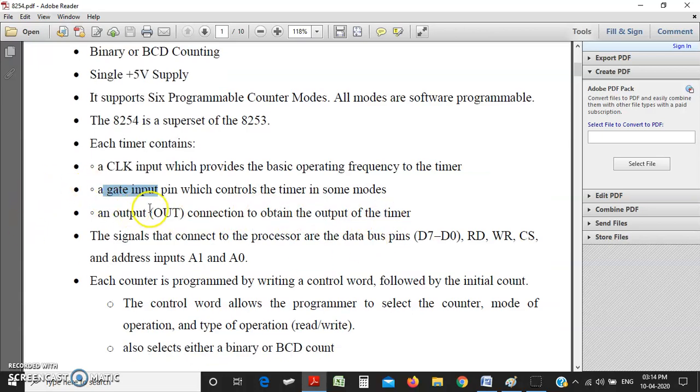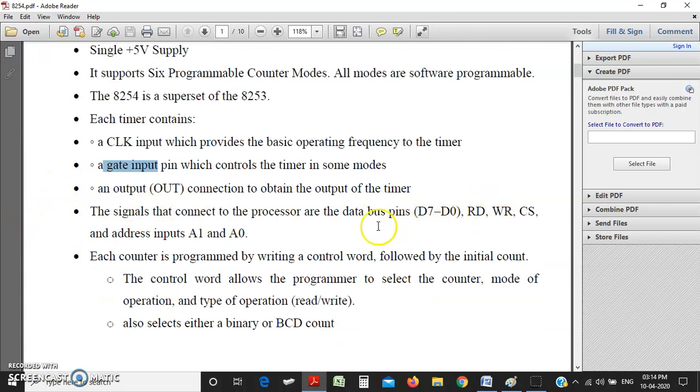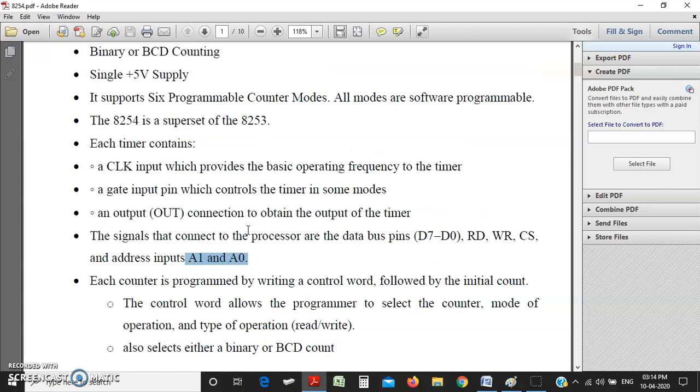Along with these pins, it has some chip selection pin, read-write pin, data pins, and address pins A0 and A1. These pins will be used to select the counters among the 3 counters available.